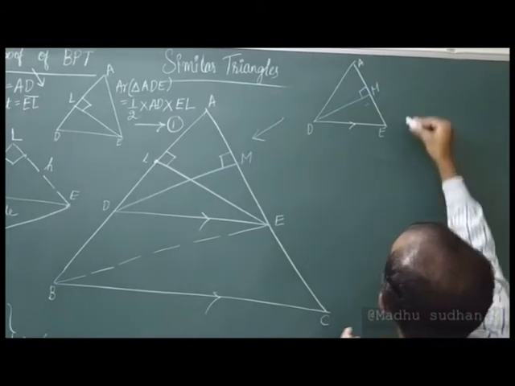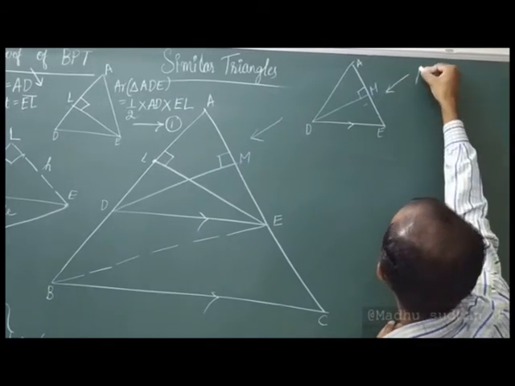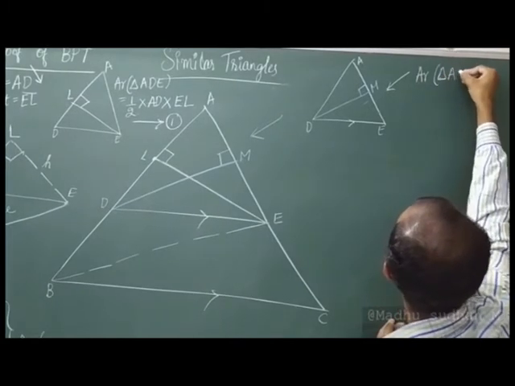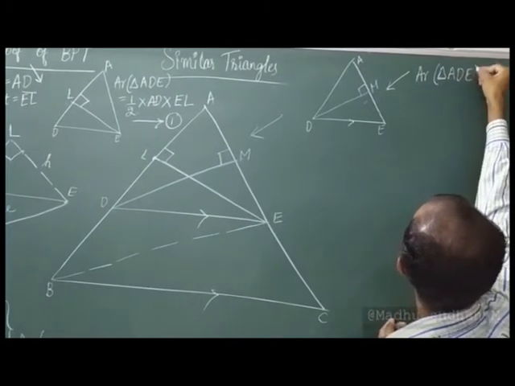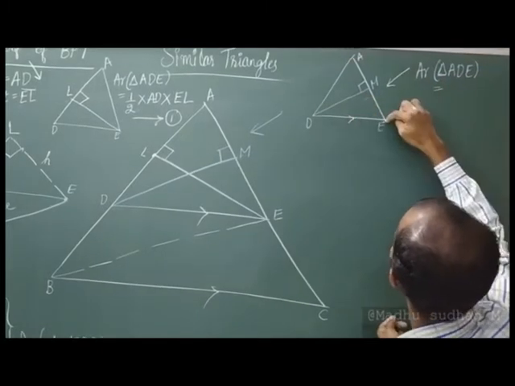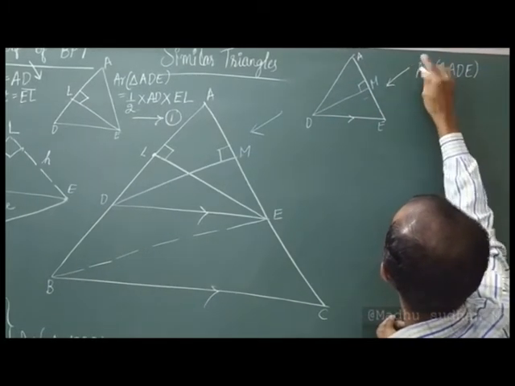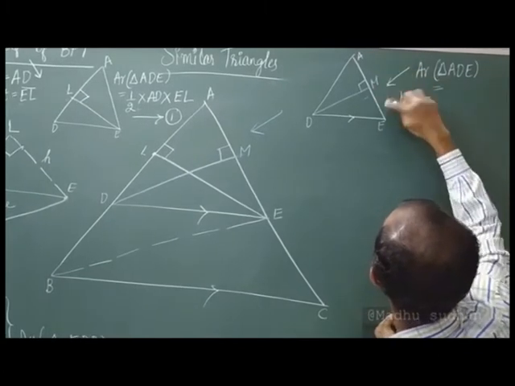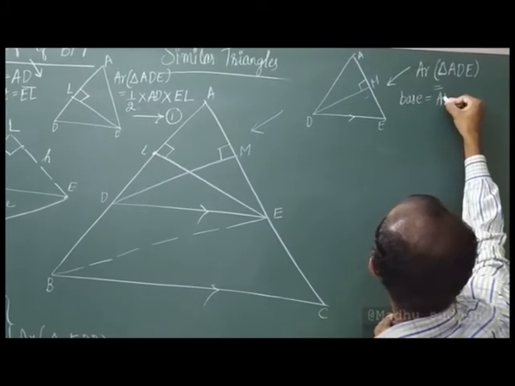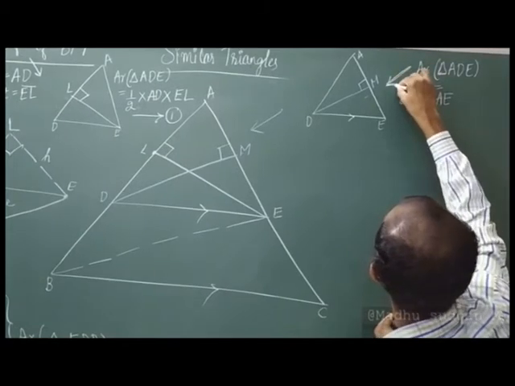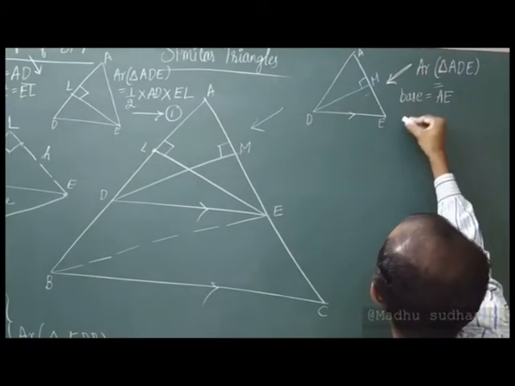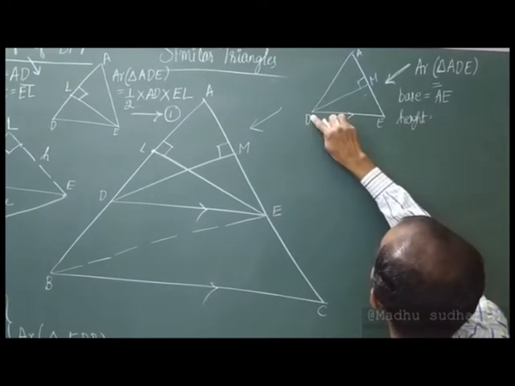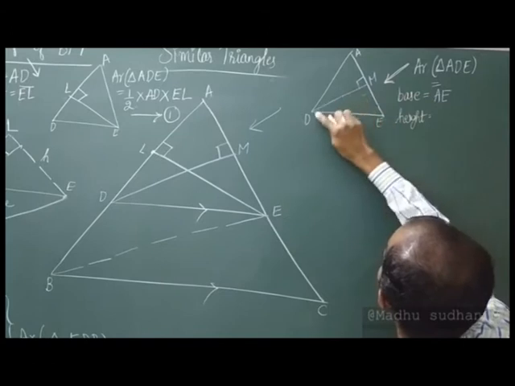So here, looking from this side, what is the area of triangle ADE, right? Observing from this side, your base is equal to what? AE is the base. Observing from this side, the corresponding height from the top apex to the base is the perpendicular DM.